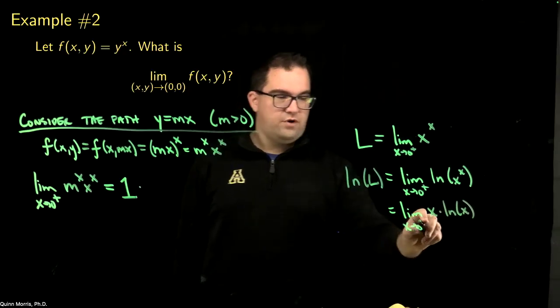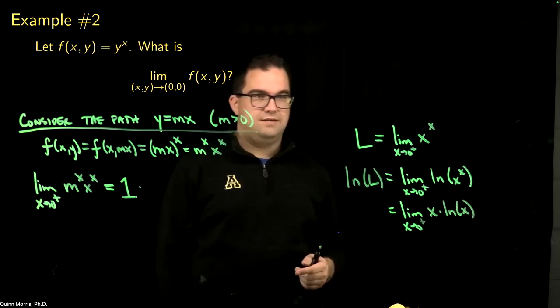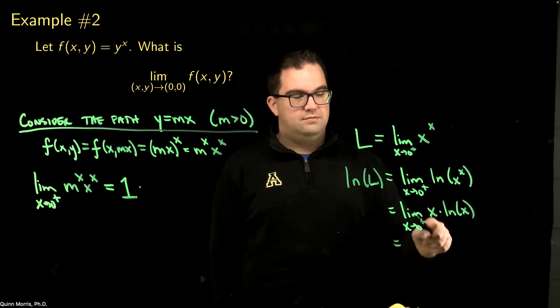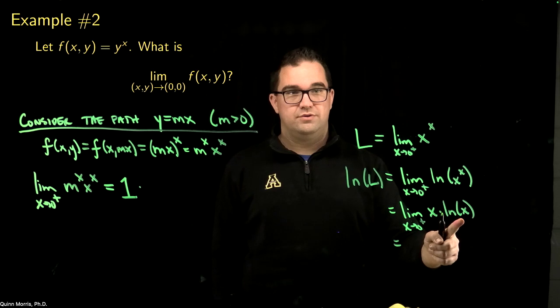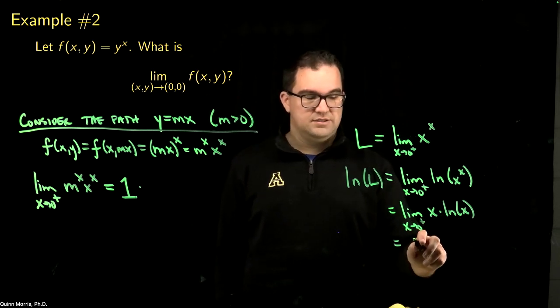Now, if you try to apply this here, you'll get that this goes to 0 and this goes to minus infinity. So you actually have to use L'Hopital's rule. The idea is that this is going to 0 much faster than this is going to negative infinity, so that wins out and this goes to 0.